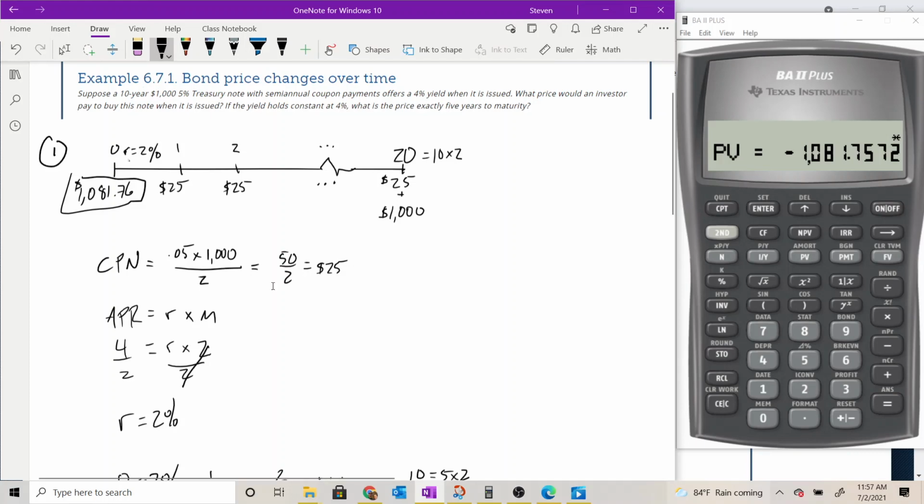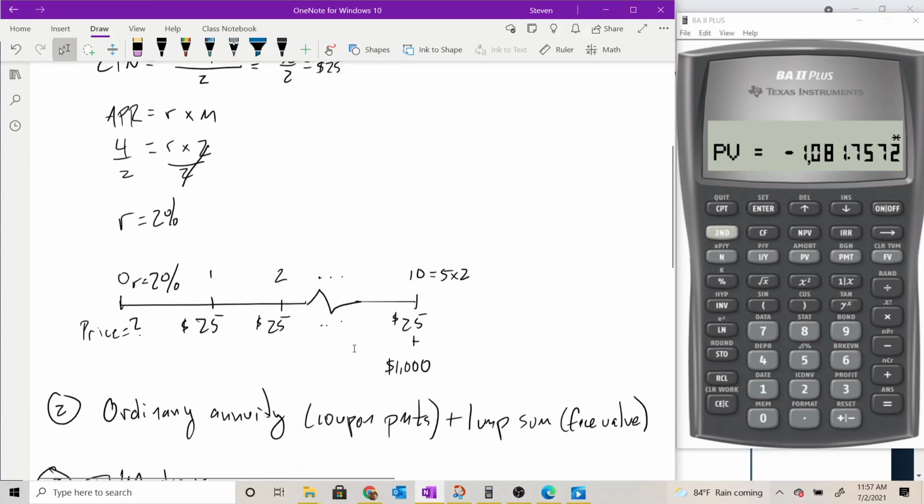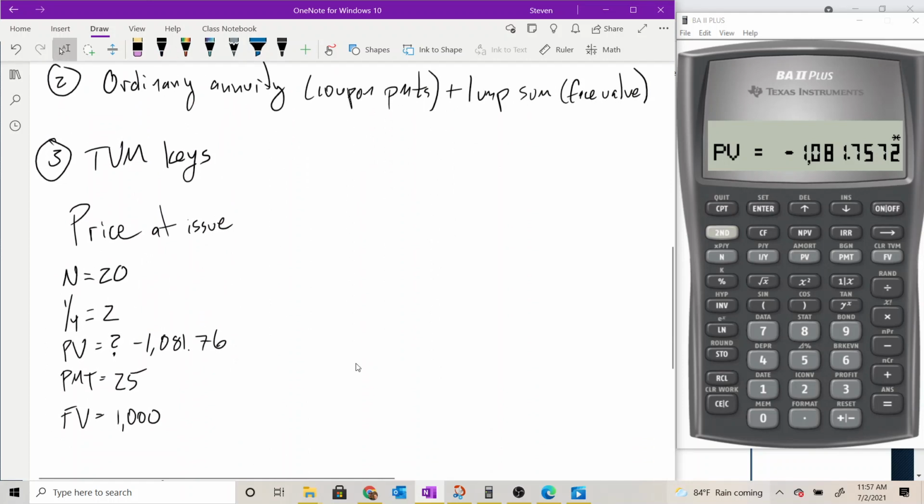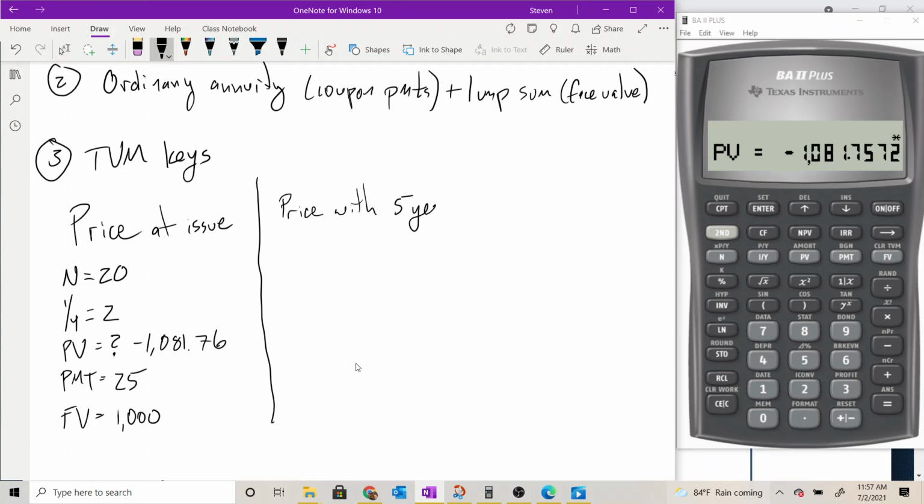Let's look at the price when we jump 5 years into the future and see what happens to it. So, price with 5 years remaining.